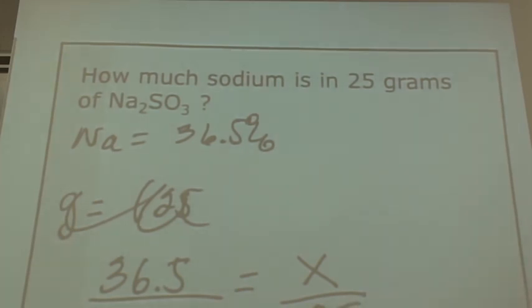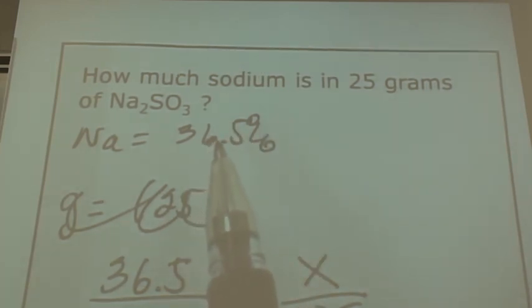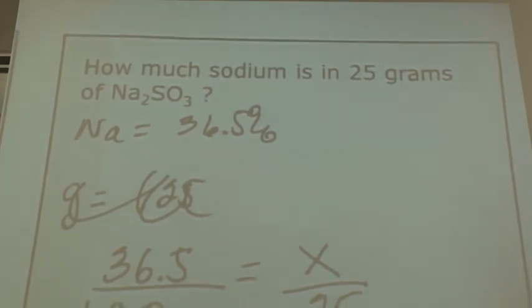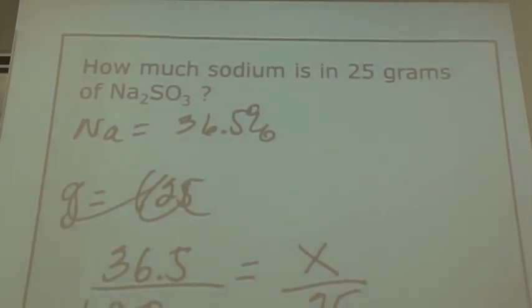Could you not do 46 over 126? Yes, that would get you the 36.5. But you only have 25. All right. So X is equal to... Is there another way?